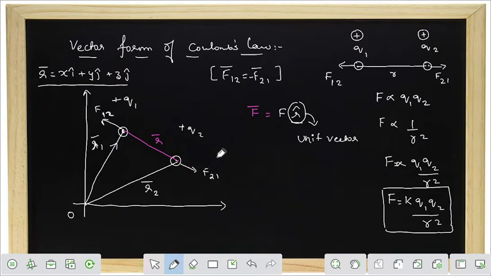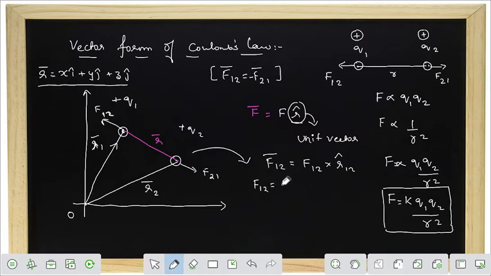Okay, now this is the system we have. Let's say we are trying to understand F12. F12 is the force we have to write, and that means we have to write F12 into R12 cap. This is how we will be writing. So how do we write the magnitude of F12?